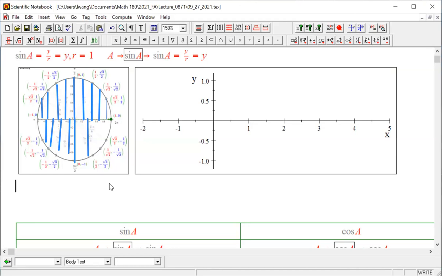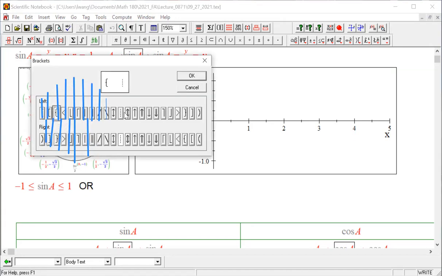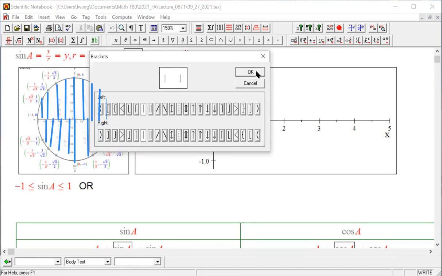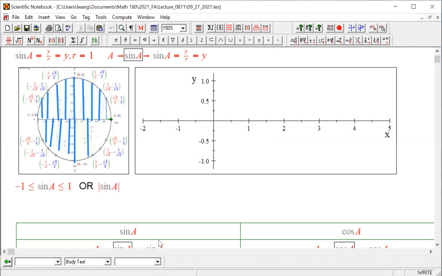Okay, so we talked about this last time. Sine of any angle is between -1 and +1, or the absolute value of sine of A is at most 1.